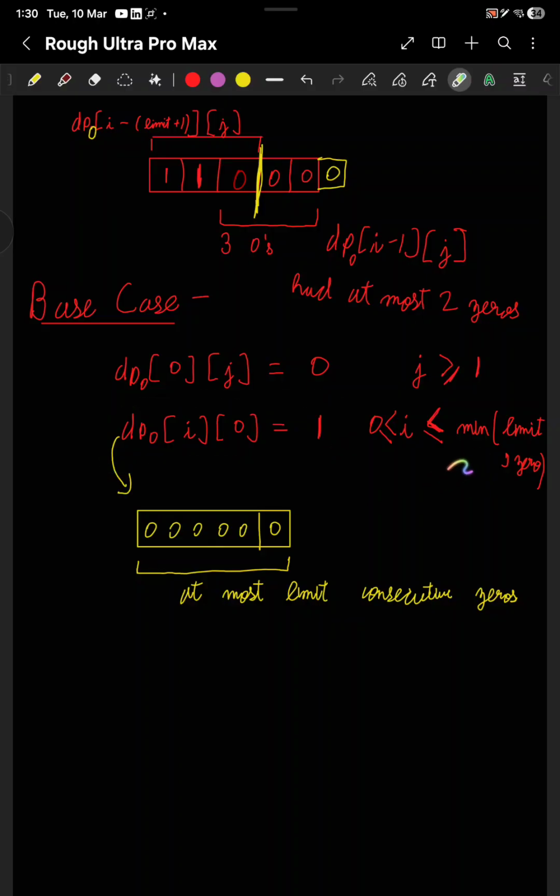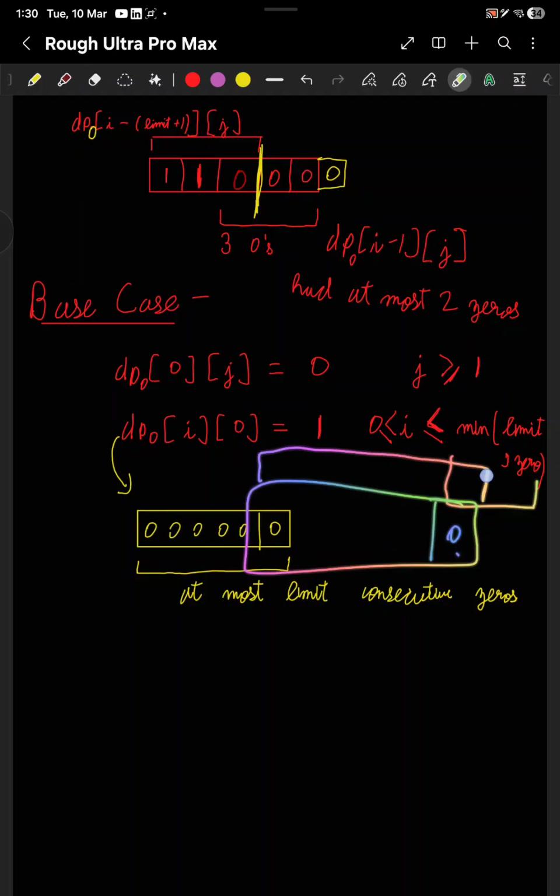And just remember that we could only add a limit number of consecutive zeros. So the value of i would be at most limit, like only limit consecutive zeros could be added.